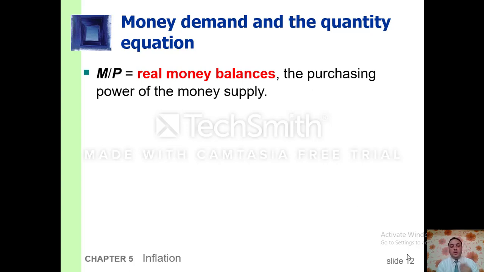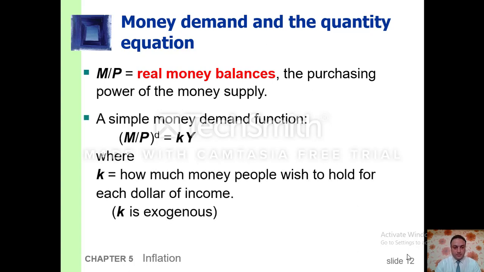So this is called the real money balances, the purchasing power of the money supply. Okay, so a simple money demand function, as we see here, where k in this equation is how much money people wish to hold for each dollar of income.